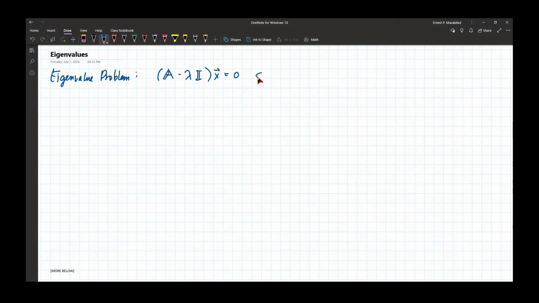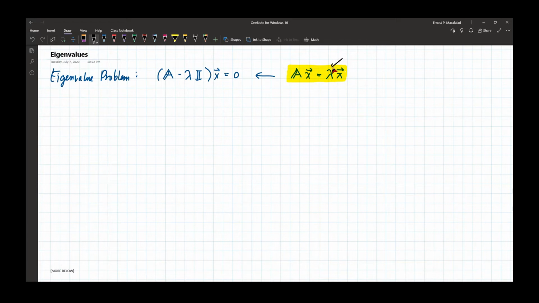Okay? This is coming from this form wherein your eigenvalue equation would look like this. So what does this mean? It means that this equation tells us that if you have a vector x and you multiply it with a matrix A, it's the same way as magnifying or contracting your vector x.